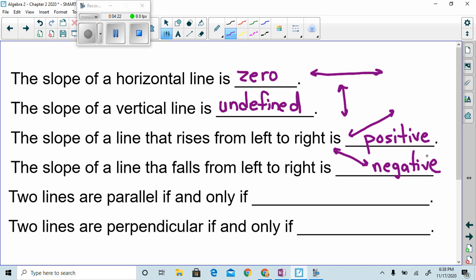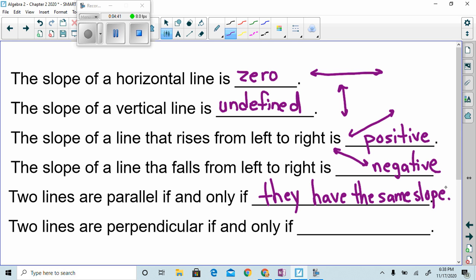Two lines are parallel if and only if they have the same slope. Same slope, equal slopes, however you want to write that, telling me that the slopes are the same.